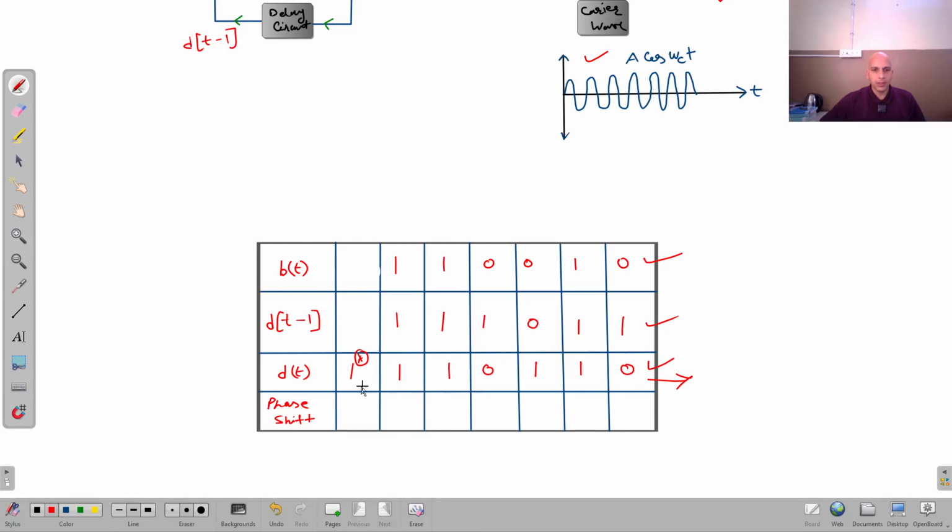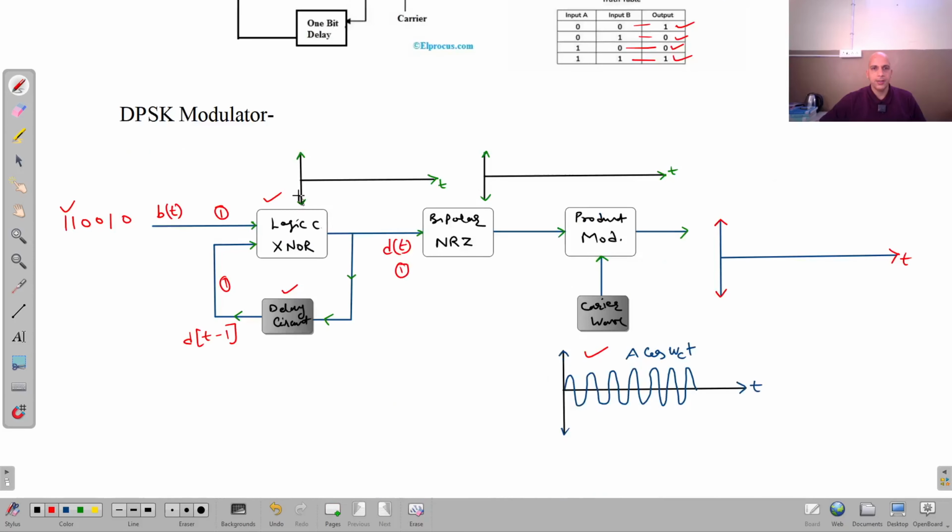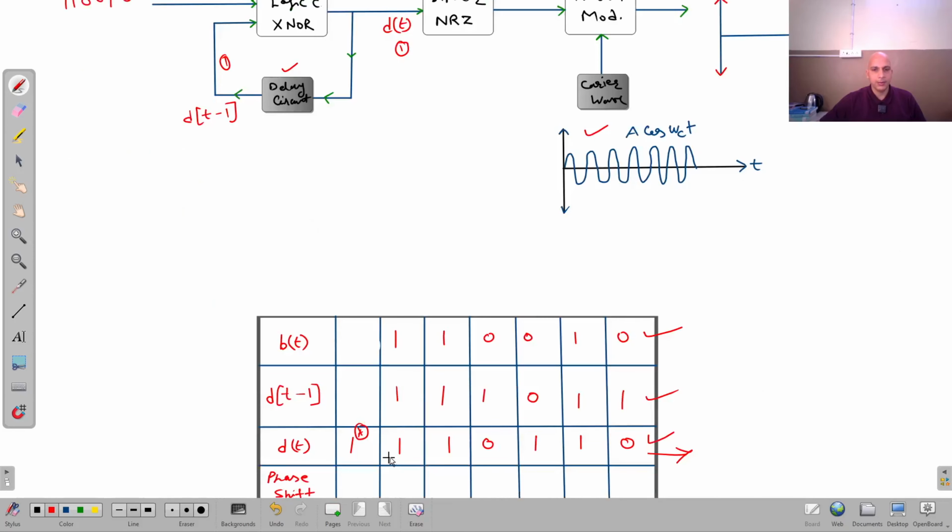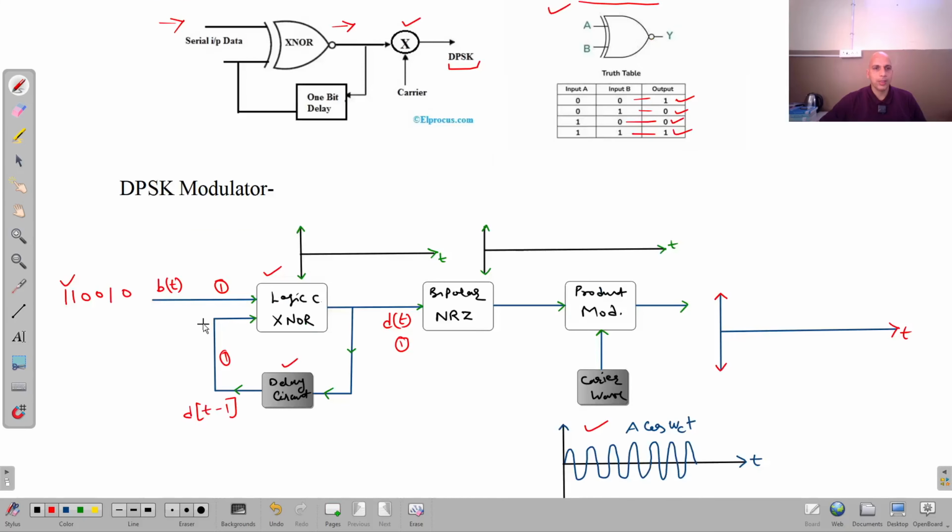So now I'm going to represent this dt here in the form of a wave. It is 1 1 1 0 1 1 0. So I can represent it here.